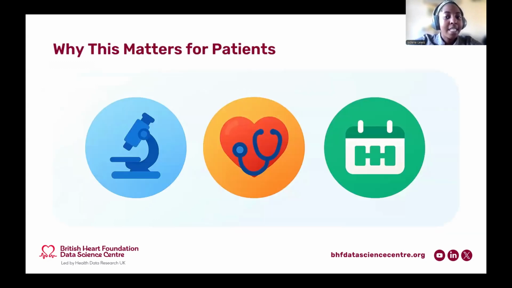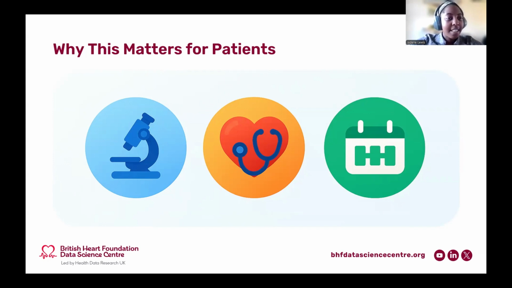So, importantly, why does all of this work on phenotype definitions and benchmarking actually matter for patients? This is because better definitions will lead to better evidence, and better evidence will lead to better care. When we can identify and describe heart failure more accurately in data, researchers are working with a clearer picture of who actually has the condition, and this therefore means that studies become more reliable and more comparable and more meaningful.